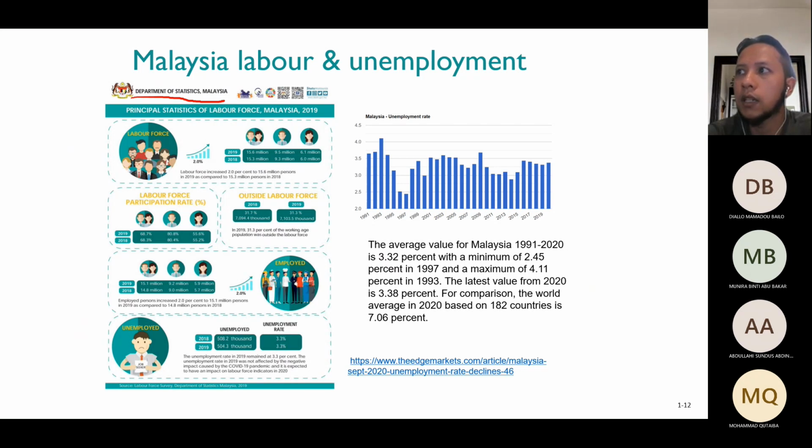You can see Malaysia's unemployment rate is actually comparatively quite low. Over time, the highest we had unemployment was around 4.2%. But of course, I think during the pandemic we reached around 4.5%.